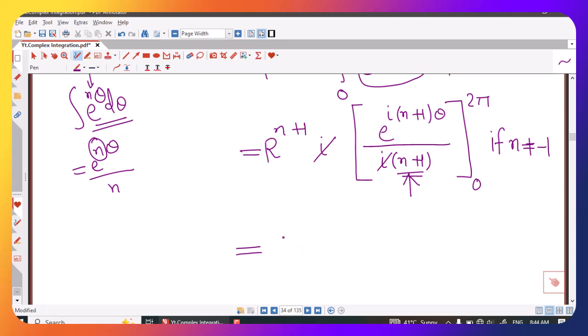and these limits are for theta, so I can take this r raised to n plus 1 divided by n plus 1. This n plus 1 can be taken outside.